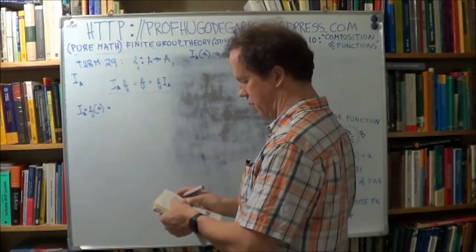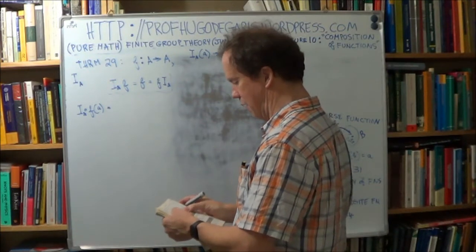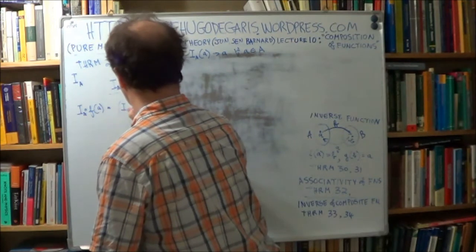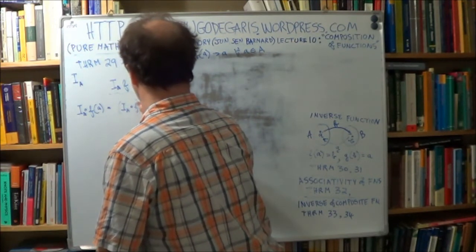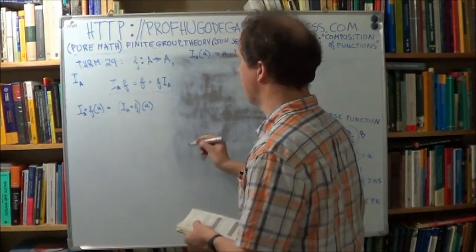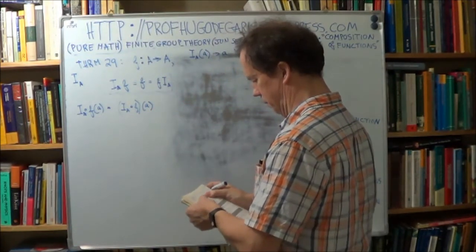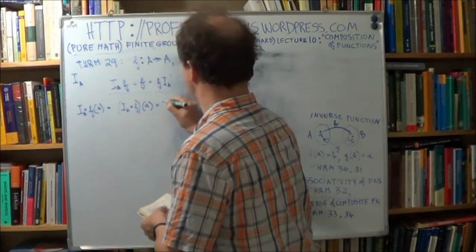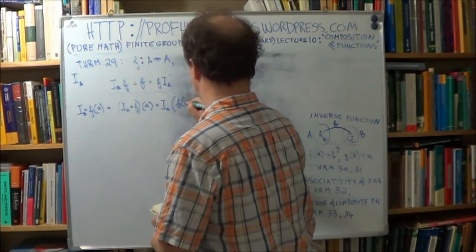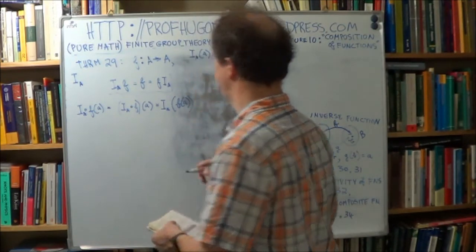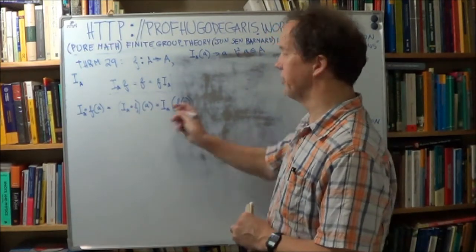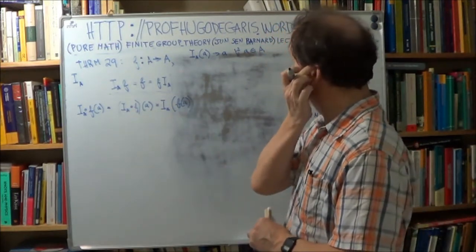So this is the same thing as, you can rewrite this as, that's the definition of the identity function.